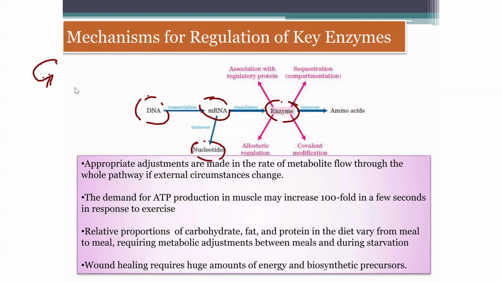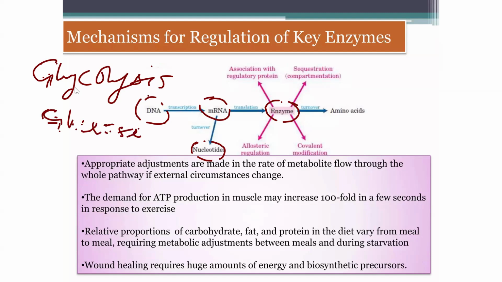In glycolysis, you have glucose, and you want this glucose to be utilized to produce pyruvate. Assuming now you need a high concentration of pyruvate in a cell, there are so many enzymes. So how do you increase the rate of production of pyruvate?